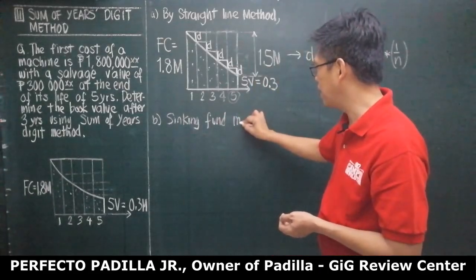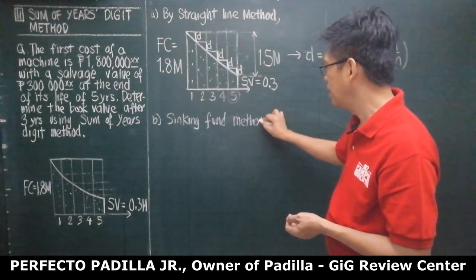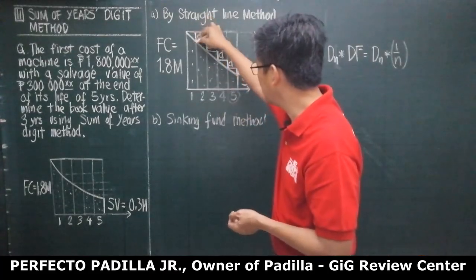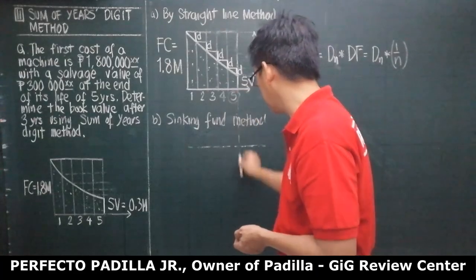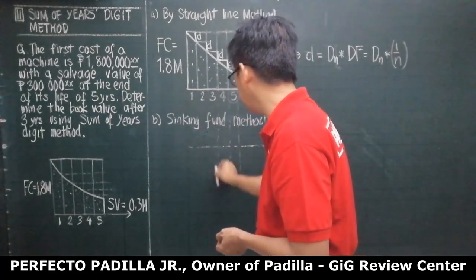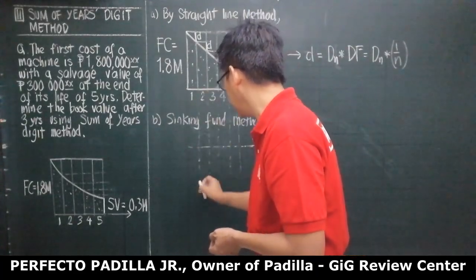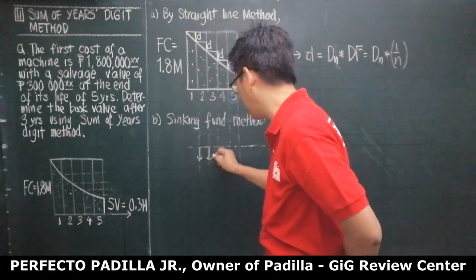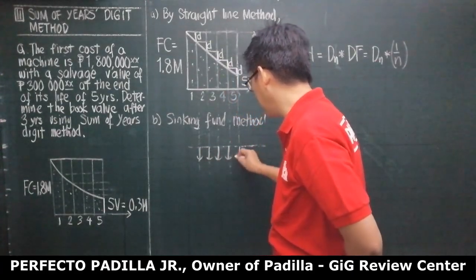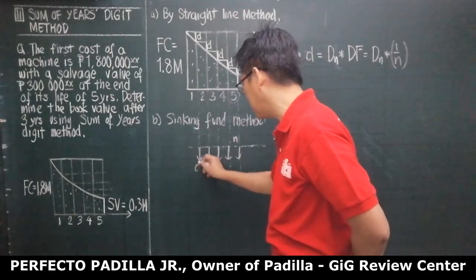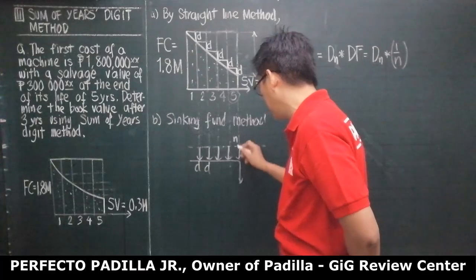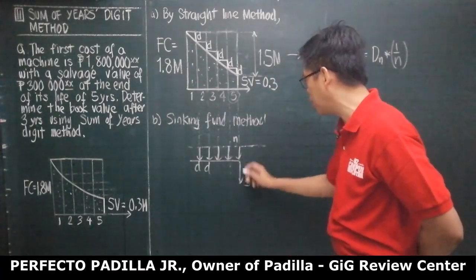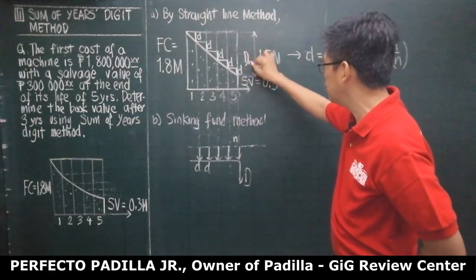In the sinking fund method, it is something like this. Every year, there is a depreciation, but this time, the interest rate is being considered. So, this is what actually will happen. Every year, for n years, there is a depreciation which, if we accumulate for n years, would be your DN.